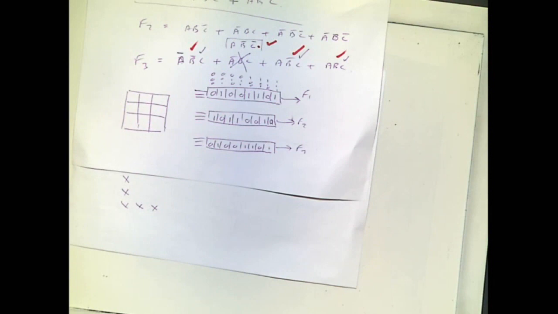Top state? 1. Okay, top state is 4, location 4 is 1, F1 is 1, yes. Middle row? 0. Bottom row? 1. 2 out of 3. Not giving a maximum score.